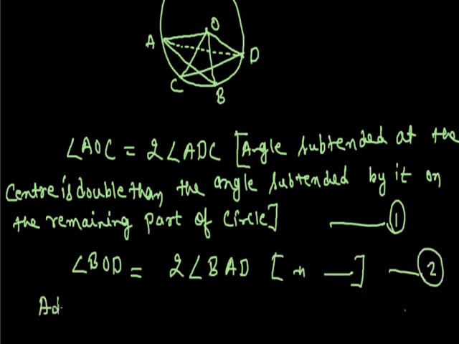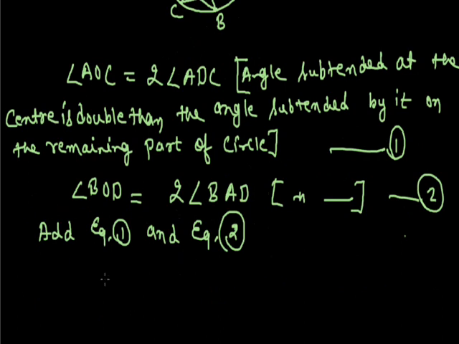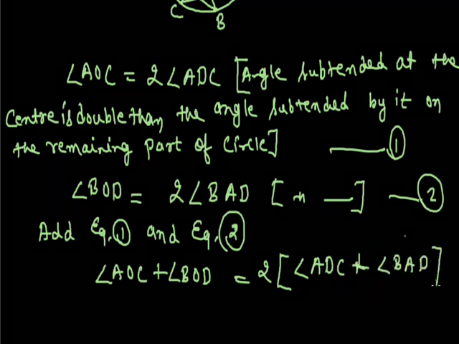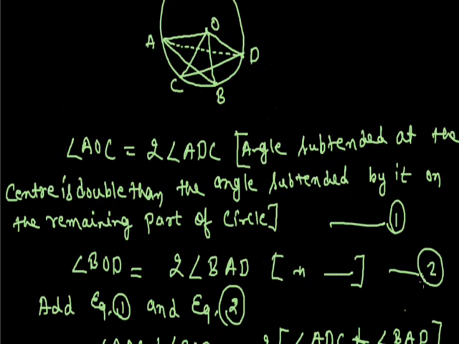Now add equation 1 and equation 2. Angle AOC plus angle BOD is equal to twice angle ADC plus angle BAD.